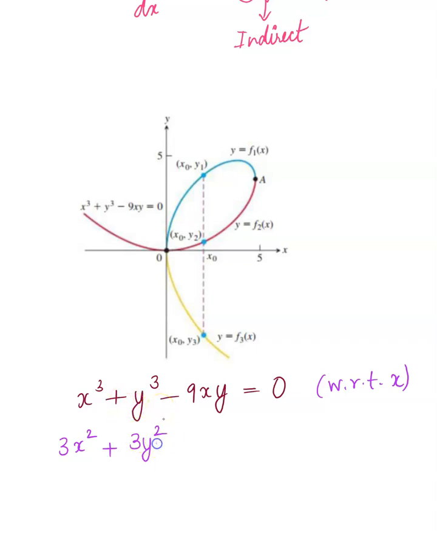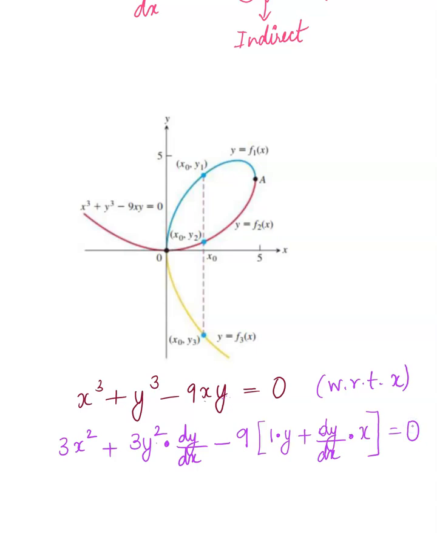So 3y squared times the derivative of y is dy over dx, the very thing we're trying to find. Minus 9xy. You have the product rule there, so you have the u and the v. So u prime v plus v prime u equals 0. Can you see that?